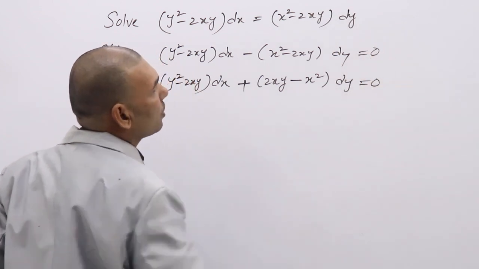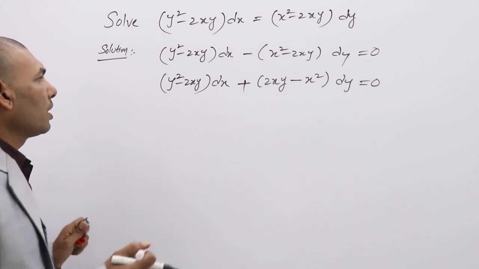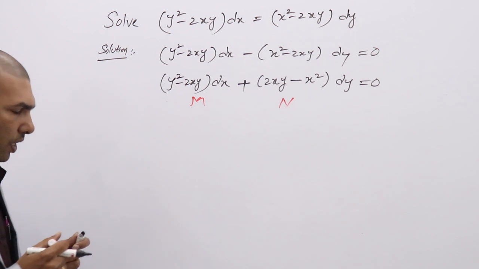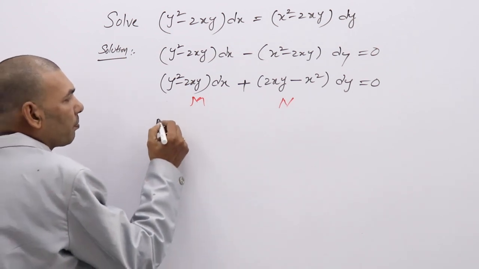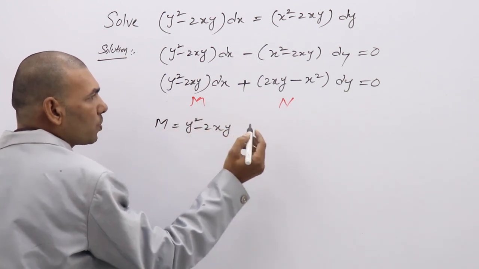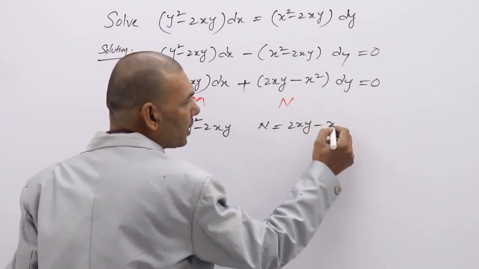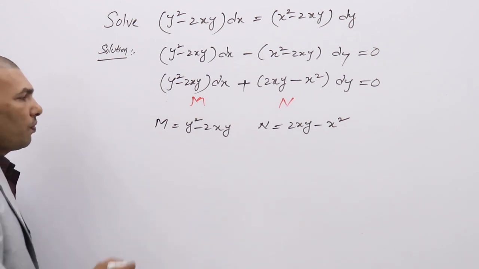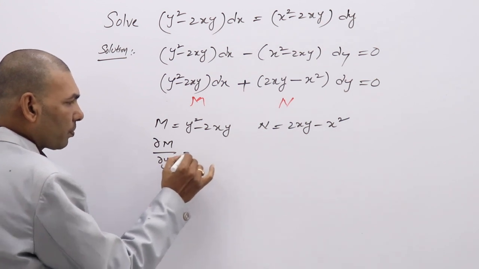Equal to 0. So now this is exactly in the form M dx plus N dy. Now write M and N. Capital M equals y square minus 2xy. Capital N equals 2xy minus x square. Now find dou capital M by dou y.